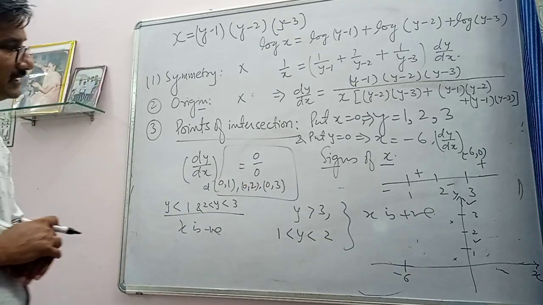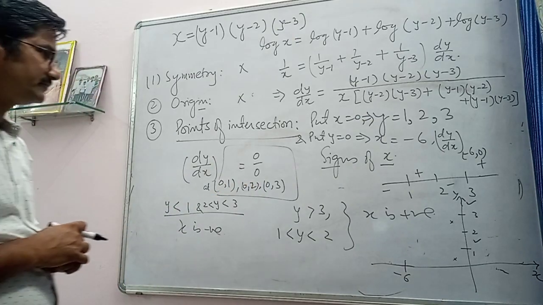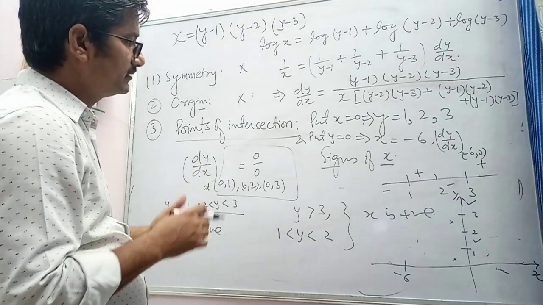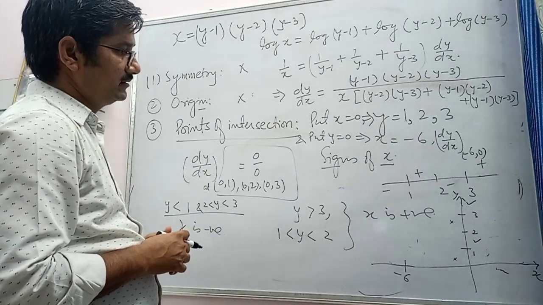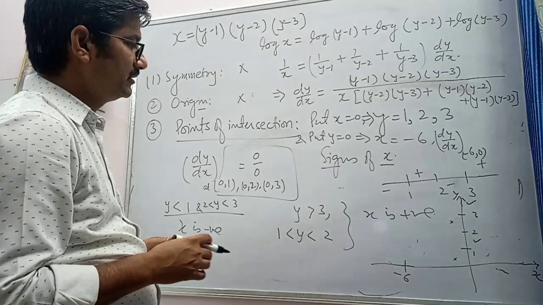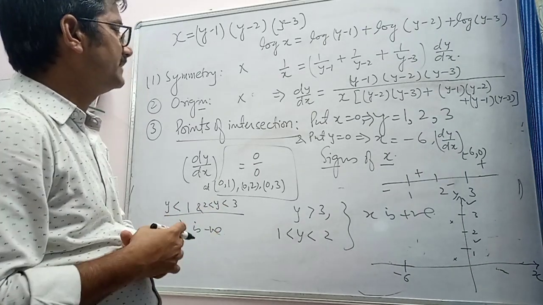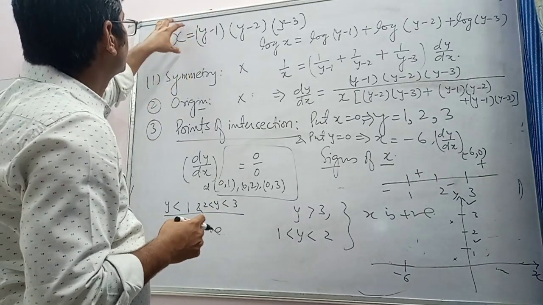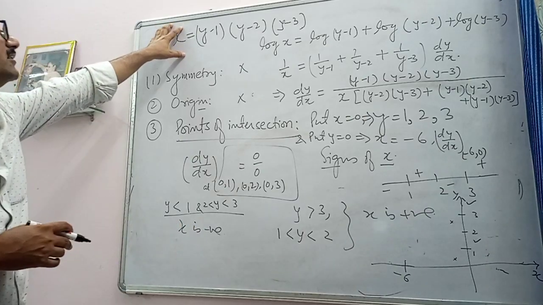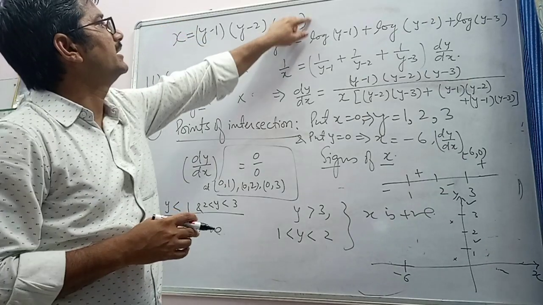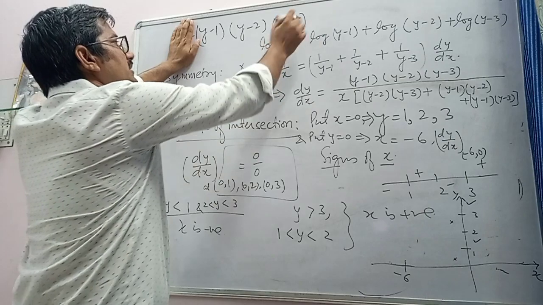So it will be a better idea to check the nature of this slope of the curve by determining the sign of x. Suppose we have to find the sign of x. It means we have to find the sign of this one.